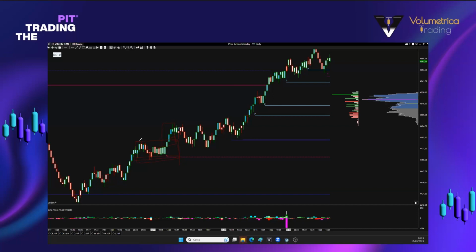Okay, this is in terms of delta, but actually we can also have very nice information given by total volume.